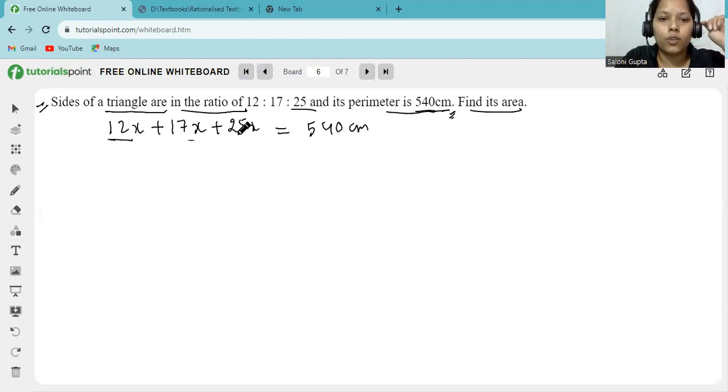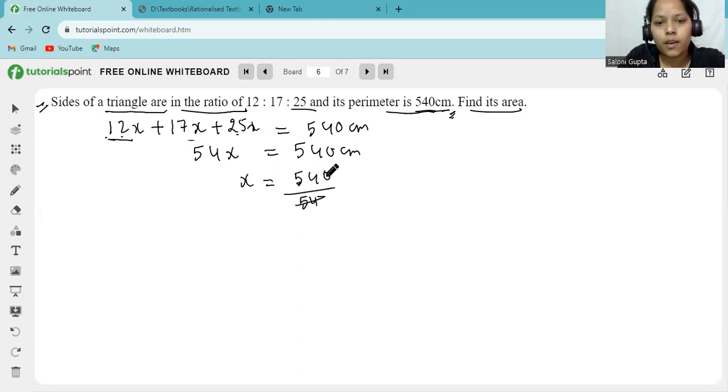If you add it, what will you get? 12, 17 and 25 give you 54. So 54x we are getting, equal to 540 centimeter. Now I have to find the value of this x. 540 divided by 54 is equal to 10 centimeter, or just 10. So the value of x is 10.